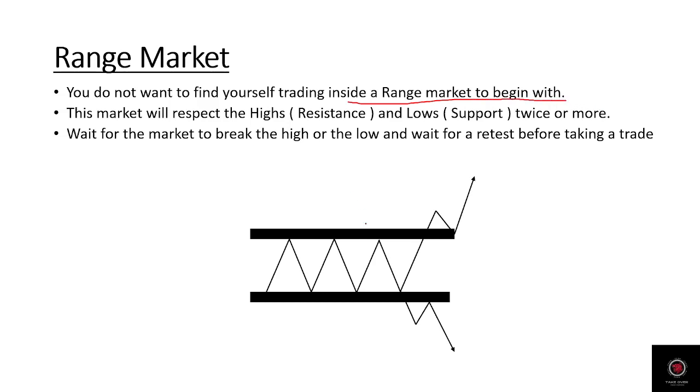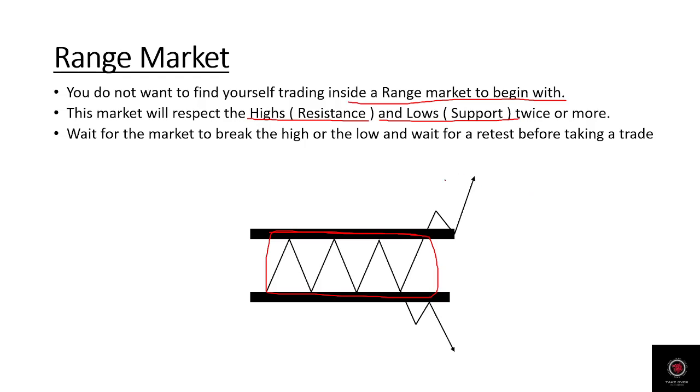Okay, you don't want to find yourself trading within this actual area over here. You don't want to do that. Now, this market will respect our highs, our areas of resistance, and our lows, our areas of support, twice or more.